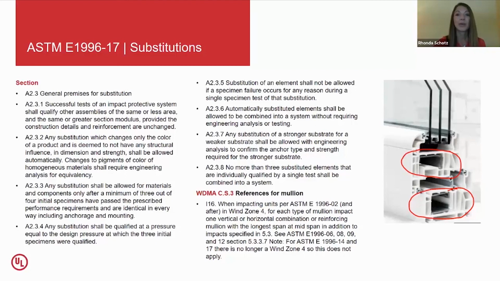This would not be allowed or qualified or be able to be certified. And finally, section A2.3.8, no more than 3 substituted elements that are individually qualified by a single test shall be combined into any system. Nowhere does it state that reinforcement material can be substituted anywhere.